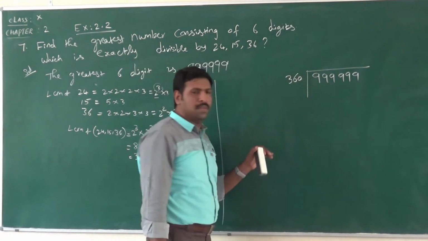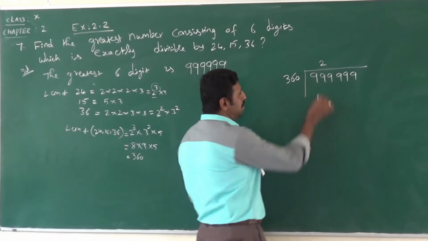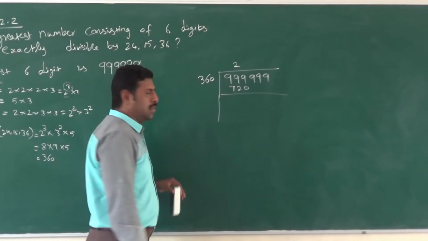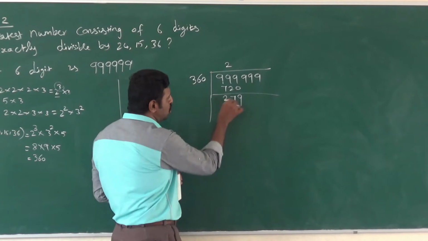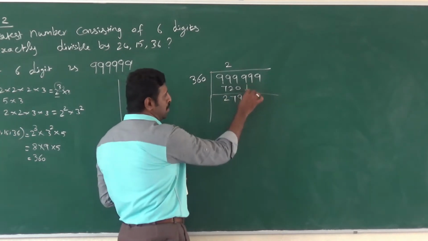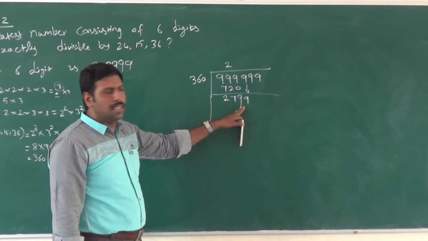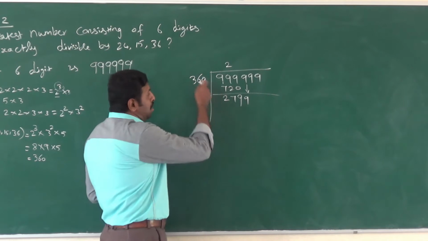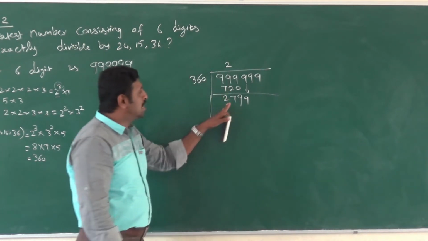If we divide, 360 into 2 times we get 720. When you subtract this, we get 279. Next we bring down one digit 9, in 2799. Here we have 36 and here we have 279. At most it will be a multiple of 360, so we check the number.